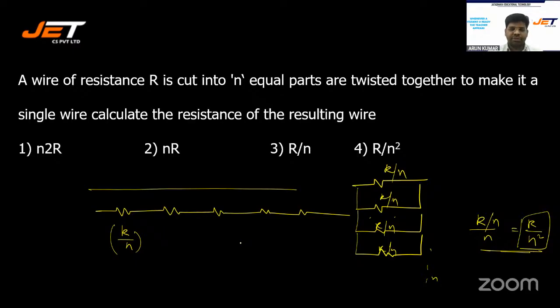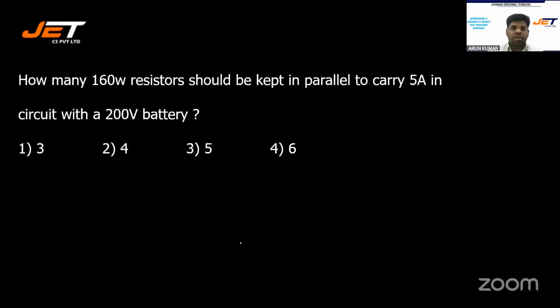All right, let's go for another question, students. Let's do one or two questions more. How many 160 ohm resistors should be kept in parallel to carry 5 amperes of current in a circuit with a 200-volt battery?